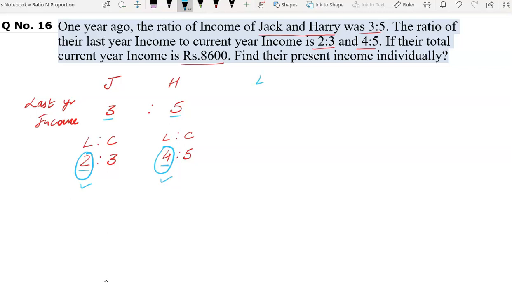So in this question, the LCM of 2 and 4 will be how much? 4. Now once we have the LCM, we will multiply this LCM with this.